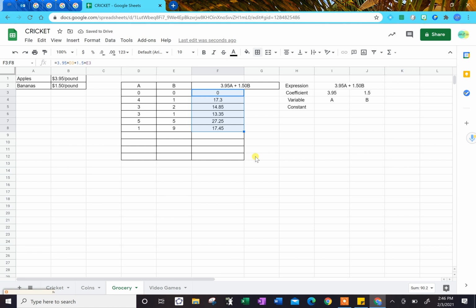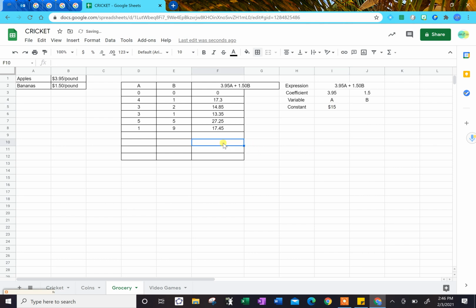Now, let's say I only had $10 to spend, all right? I'm going to write a new formula down here, but I'm going to put in a constant. Well, let's say I had $15 to spend.